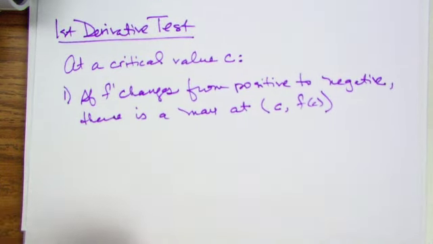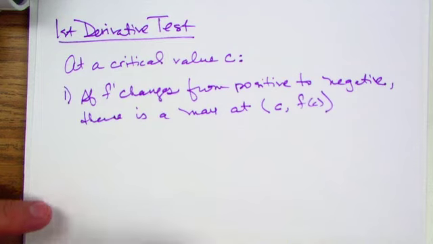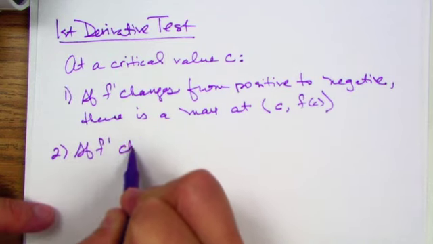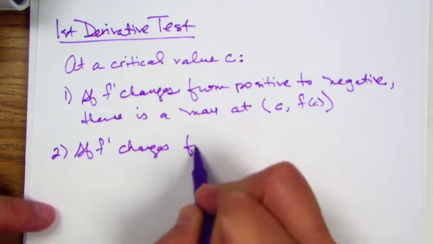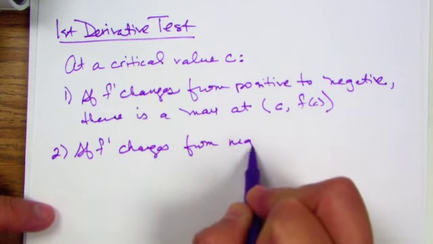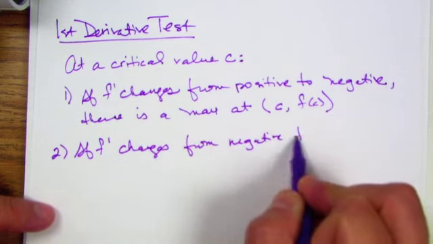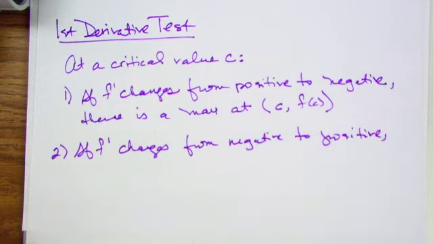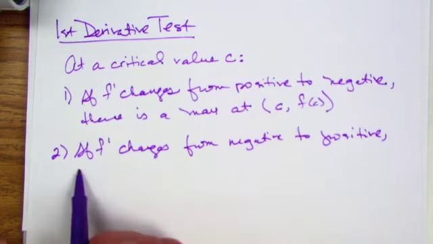So what sentence goes next? If f prime changes from negative to positive, how do we finish that sentence?